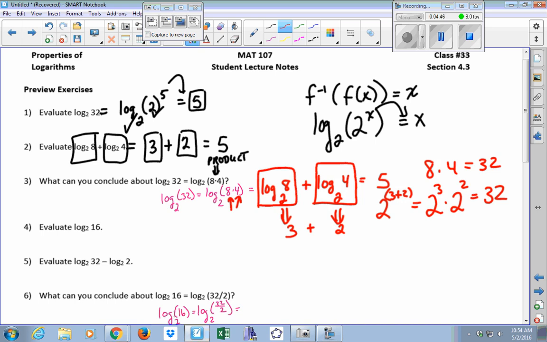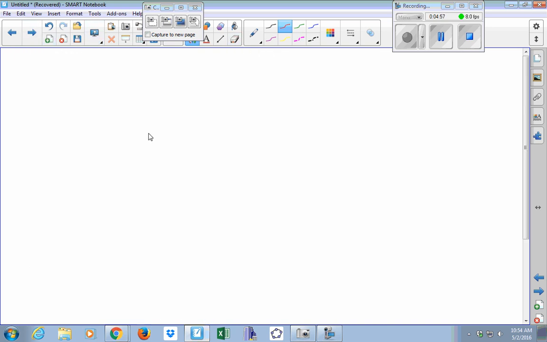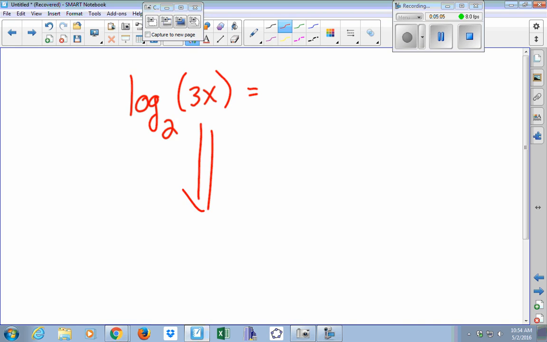Yeah, Nick? So instead of 8, 4, it was like 3x plus something else or whatever, you can do log base 2 of. So now you're going into a more general case. So if it was log base 2 of 3x, okay, this is a product. Yep. And we can't prove it because we can't do the actual math out like we just did.